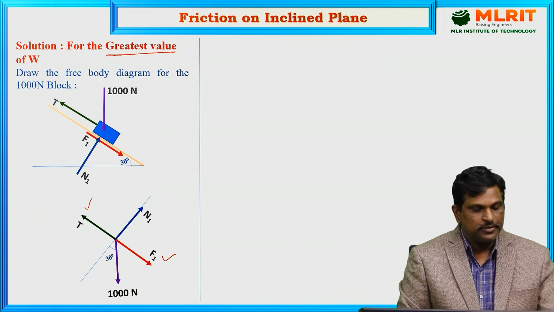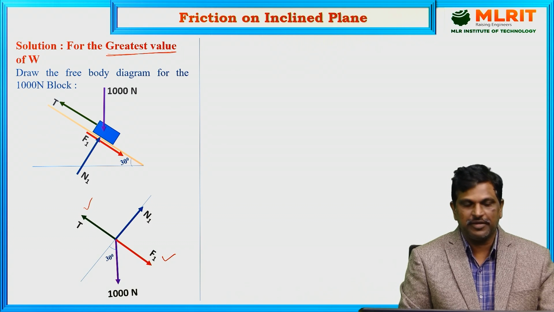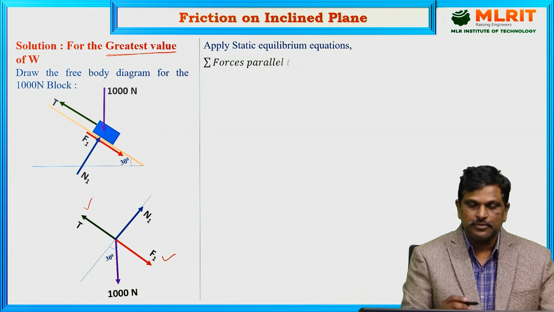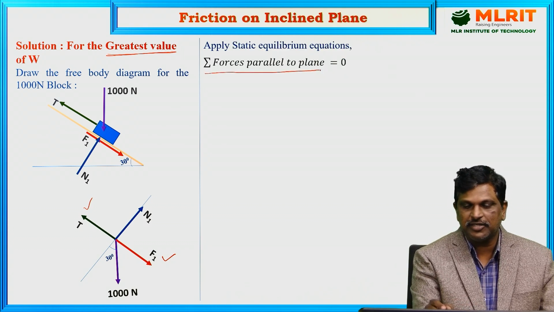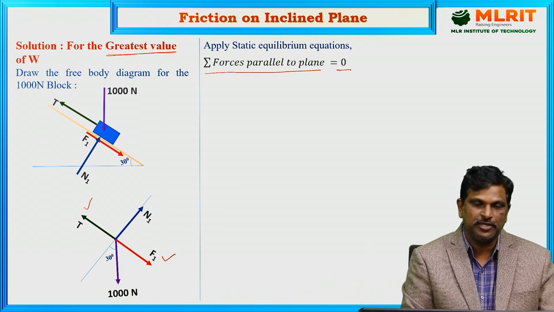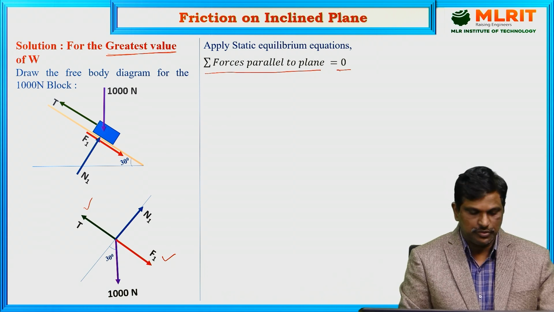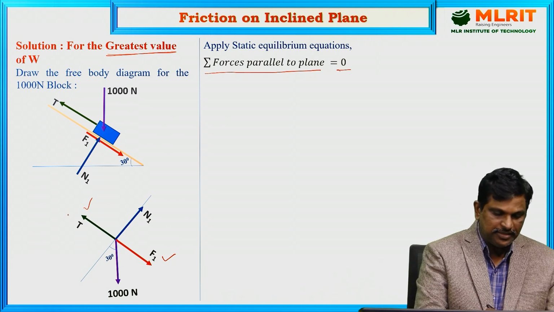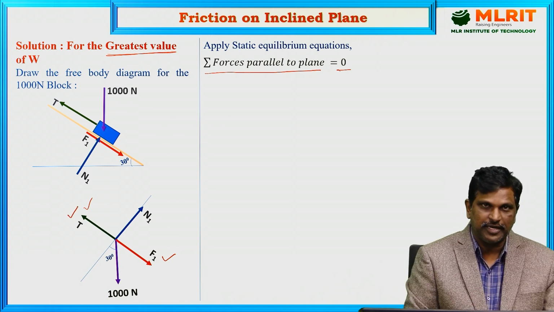Now, take the static equilibrium equations. Sum of forces parallel to plane is equal to 0. Find out the forces which are acting parallel to plane and equate the sum of them to 0. Here, T1 is acting parallel to plane in upward direction.